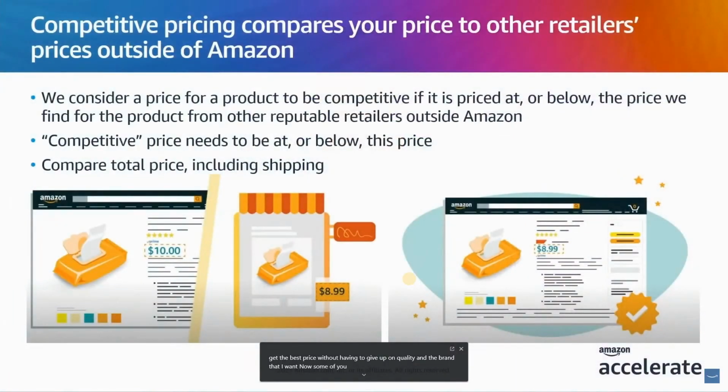Now, some of you might be familiar with this concept of competitive pricing, but let's do a quick refresher for everyone. At Amazon, we consider a price for a product to be competitive if it is priced at or below the price that we find for the same product from another reputable retailer outside Amazon. Now that's a mouthful, so let's break it down this way. Let's say that I'm shopping for baby wipes, which I happen to use for everything.